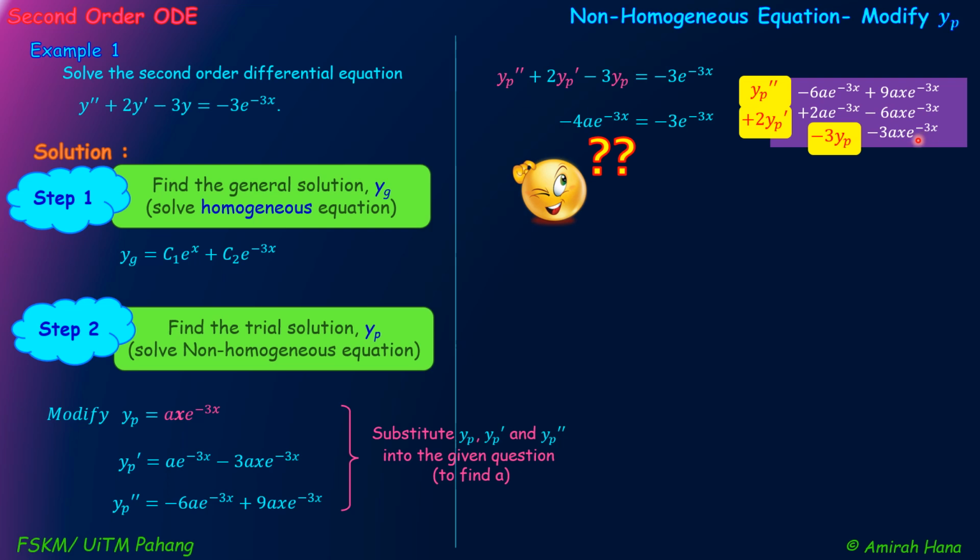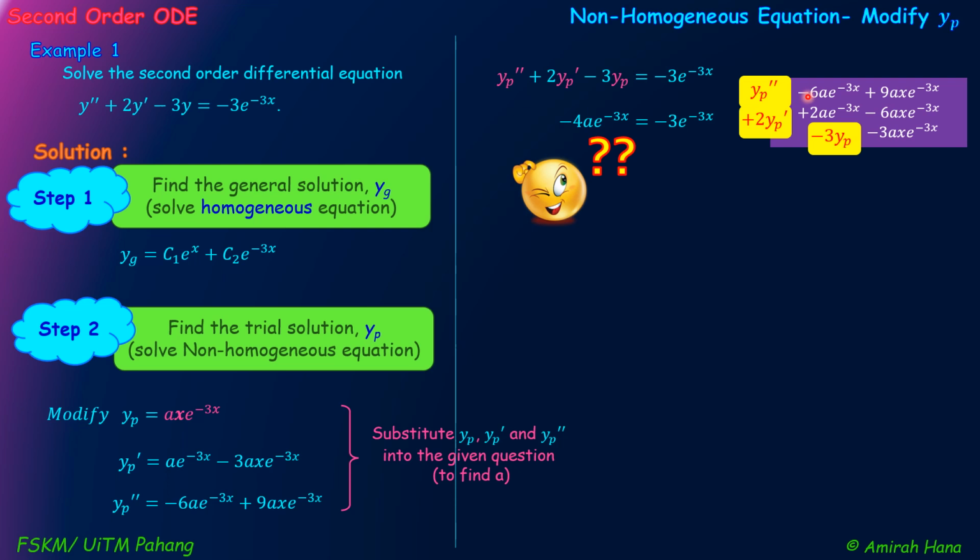To avoid error and make it easy to simplify, we arrange based on the same term. We have the same term here, the term containing ax e to the power of negative 3x. So 9 minus 6 minus 3 equals 0.